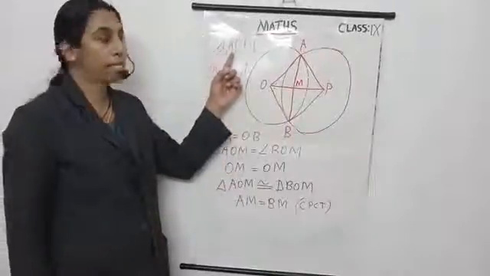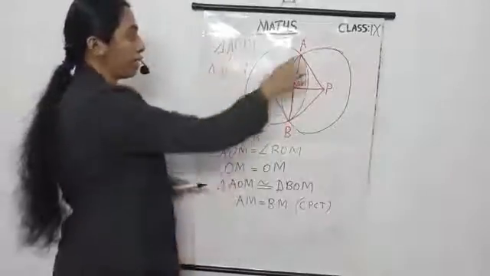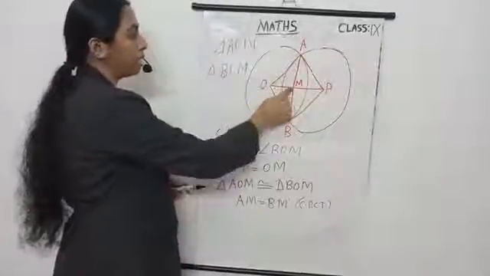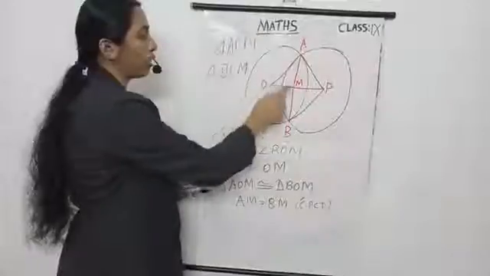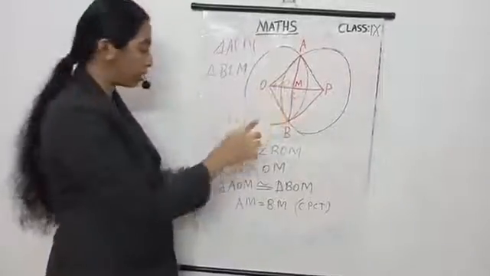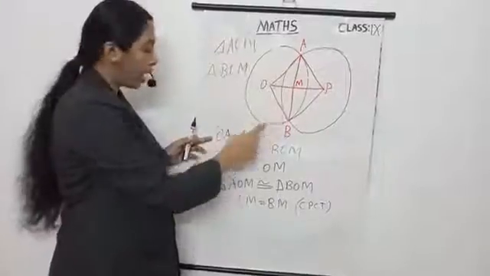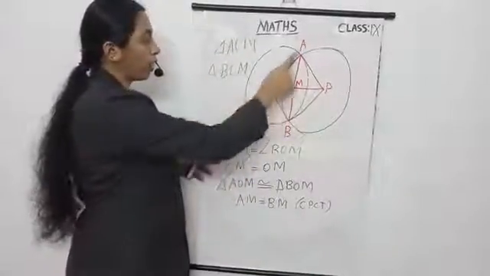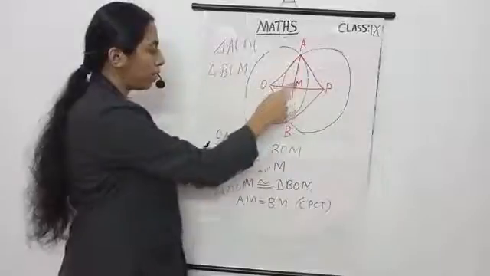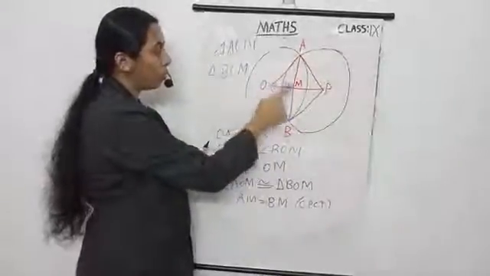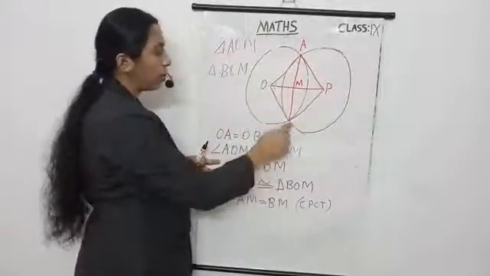Now consider triangle AOM and triangle BOM. These two triangles. OA equals OB, radii, and angle AOM equals angle BOM.